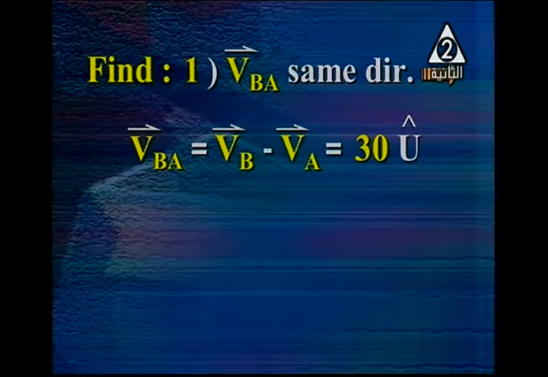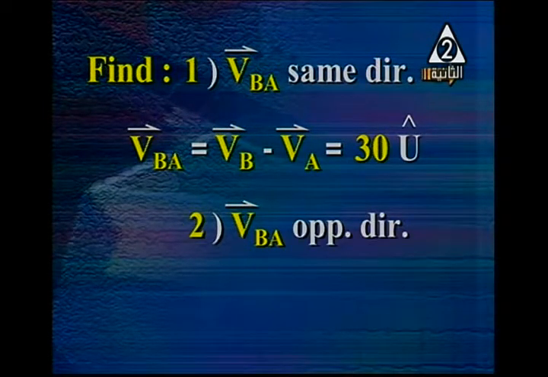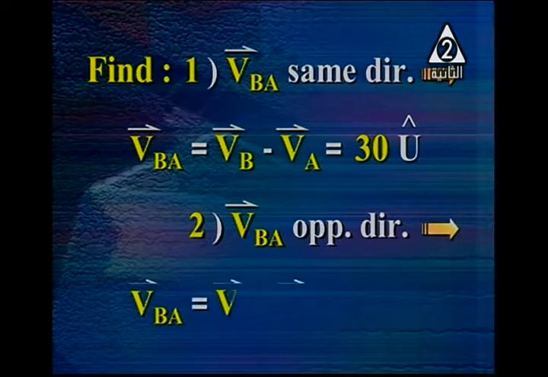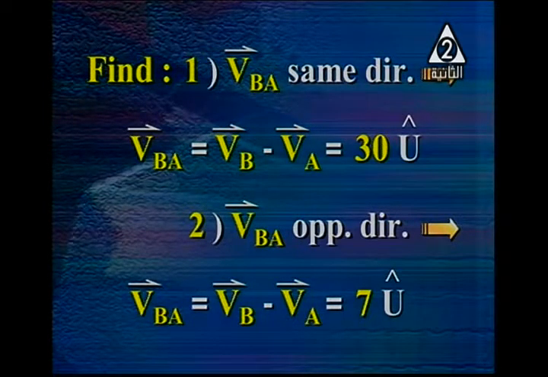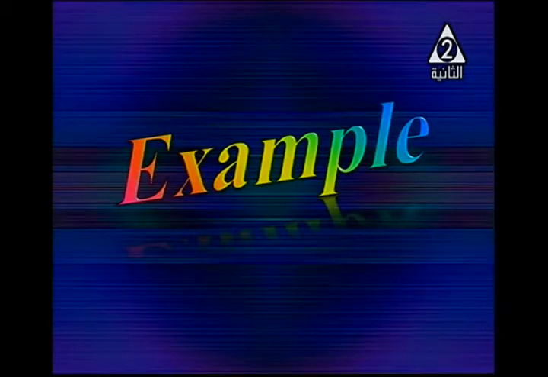Equal 30 unit velocity. But VBA in the opposite direction equals the same rule, but VBA equals VB and VA equal 7, by subtraction, unit, please. Look at another example.